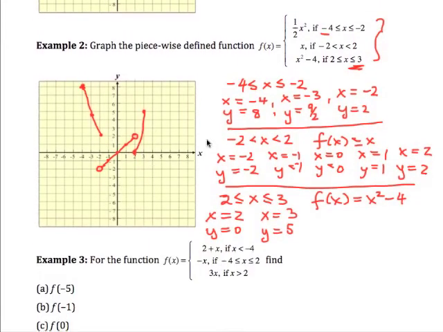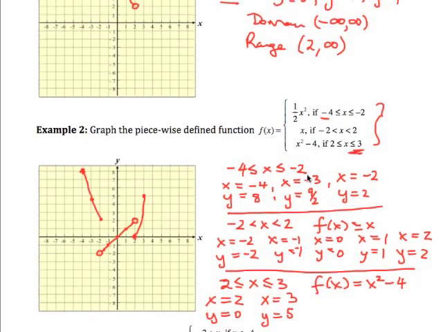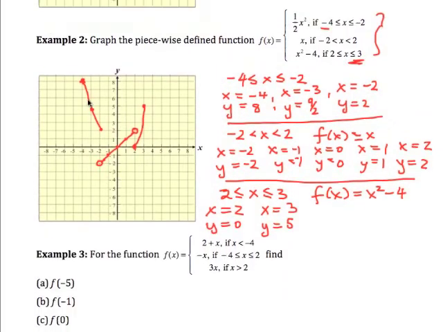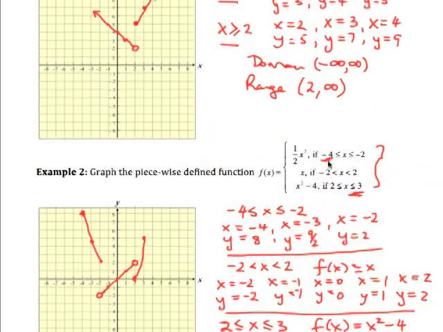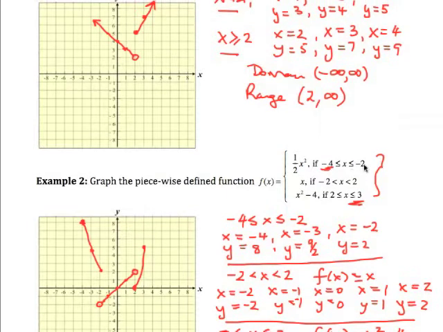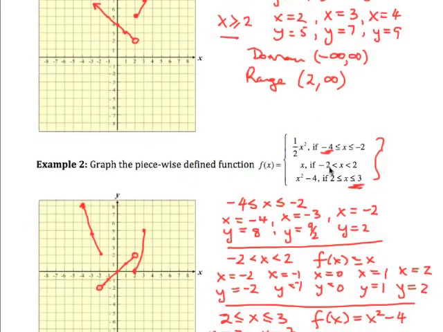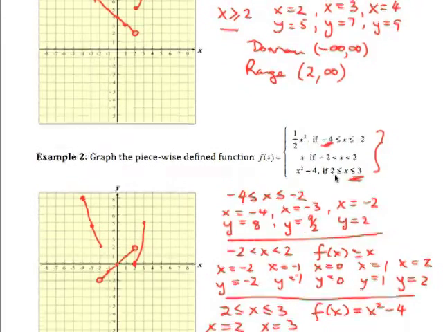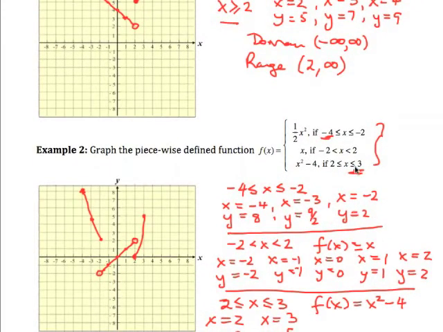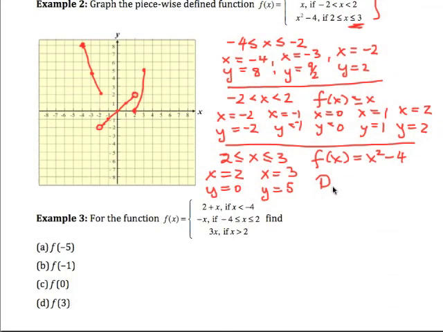If you look at this one here, what is going to be our domain? We can see our domain is really going to be from -4 all the way through, covers everything up to -2. Then from -2 to 2, then we pick up the value 2 here to 3. So in other words, the domain here is from -4, including -4, to 3, including 3.